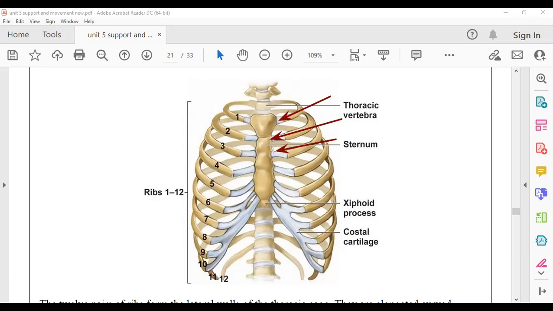The second place it joins the sternum. Third, fourth, fifth, correct? Sixth, seventh, correct? So in the sternum, how many places are for the articulation of ribs? 7.